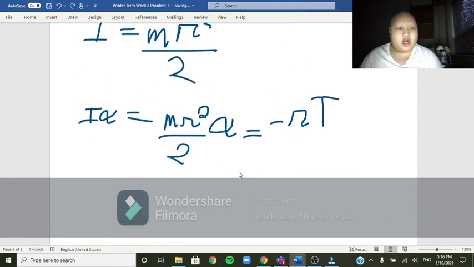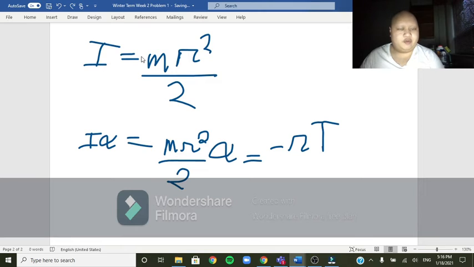Don't forget the negative. Now we can plug in I for the torque equation, which is inertia times angular acceleration. The moment of inertia for a cylinder is mass times radius squared over 2.